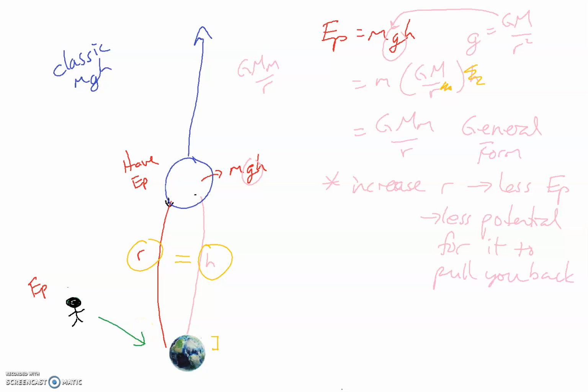As he falls towards the Earth, his potential energy actually goes up, because he's getting closer and closer. And at the same time, which seems kind of weird, the kinetic energy also goes up, which is different from what you had before in classical mechanics, where as one got bigger, the other got smaller.